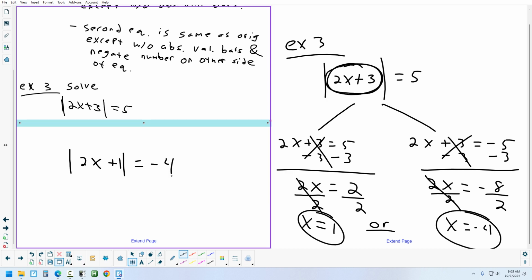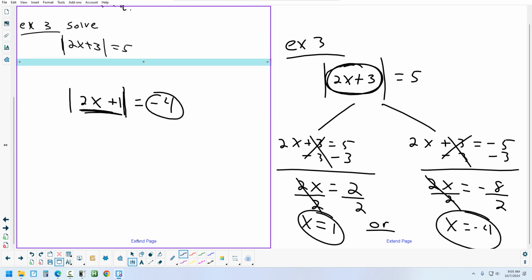The absolute value of 2x plus 1 is going to come out to -4. So there's just no solution. You can't take the absolute value of something and ever have it come out to a negative number. So you could try the method that I gave you on this problem. You could split it up and you'll get answers, but they won't work. You can never have the absolute value equal to a negative number.